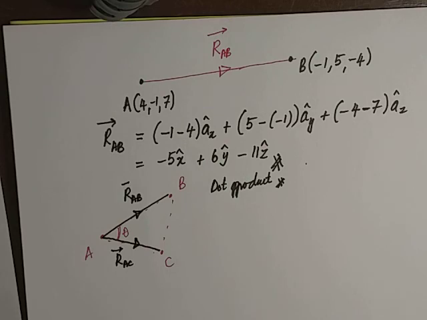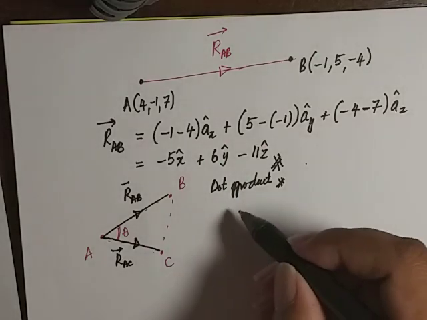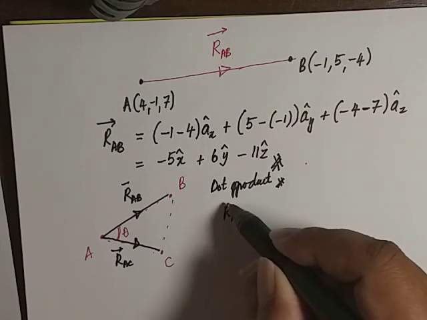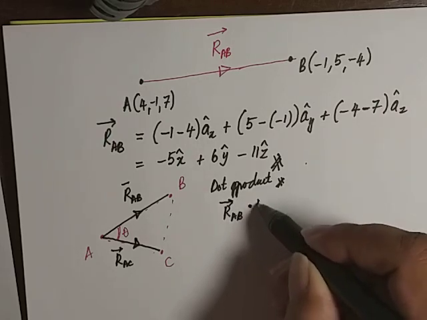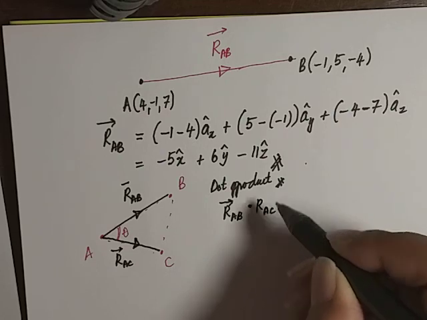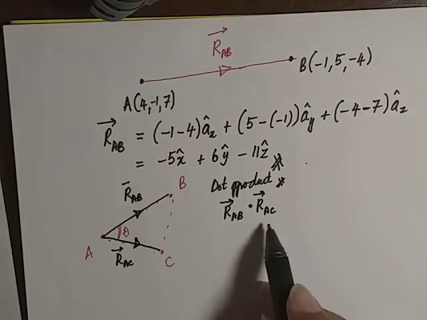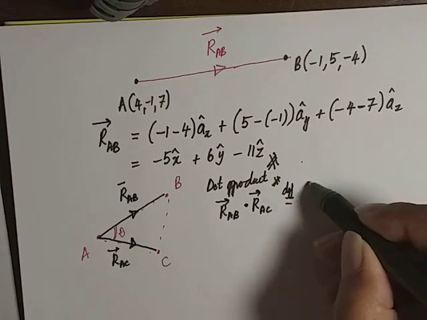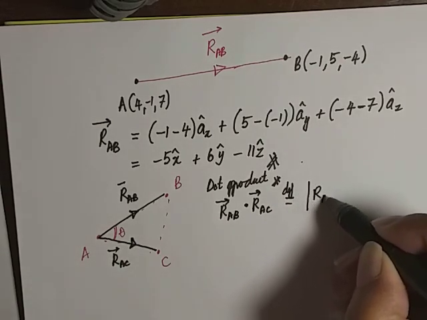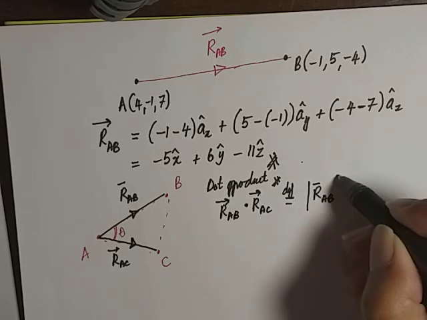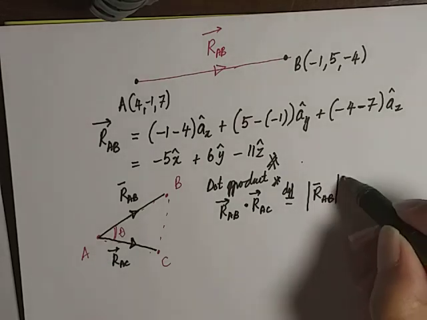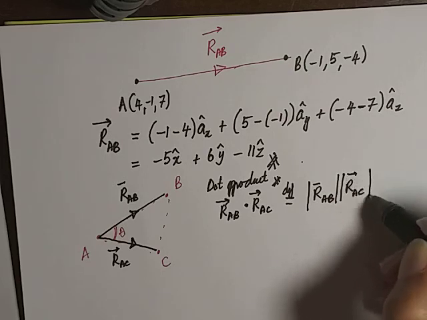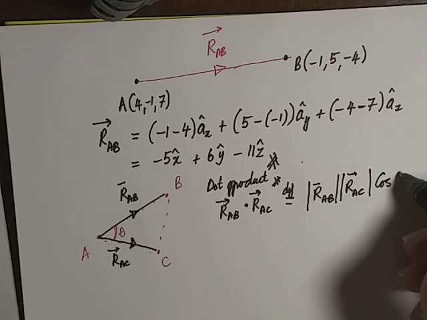Okay, so logically what we're going to do now is take the vector R_AB and dot it with the vector R_AC, because we want to find the angle at A. By definition, that is defined as the magnitude of vector R_AB, remember we already defined magnitude before, times the magnitude of vector R_AC, and then multiplied by cos theta.